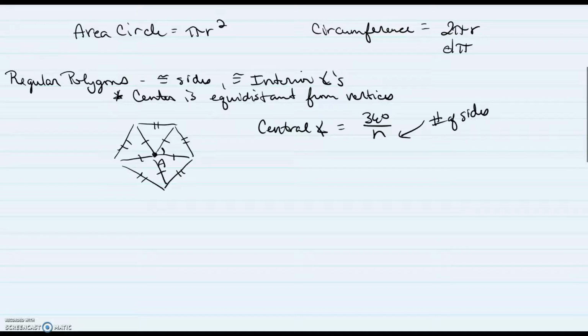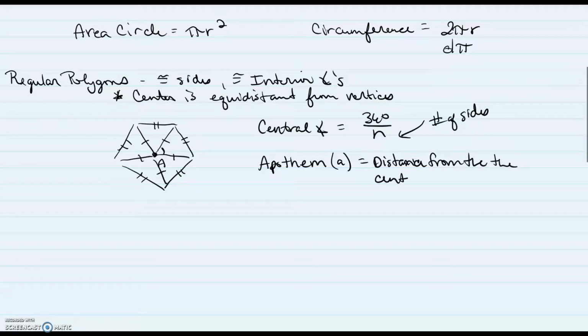And then we have a new line that you've not heard of before called the apothem. They use the letter lowercase a for apothem, and it is the distance from the center to the side.